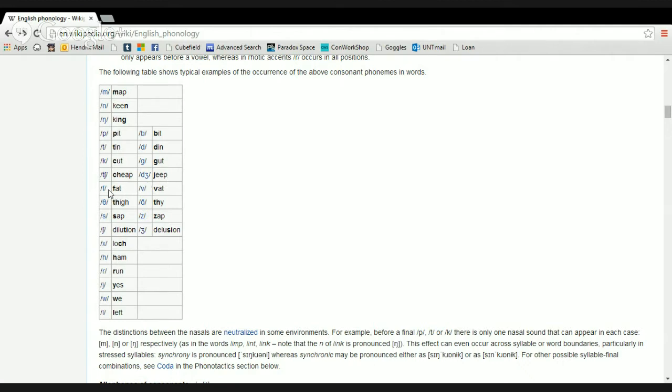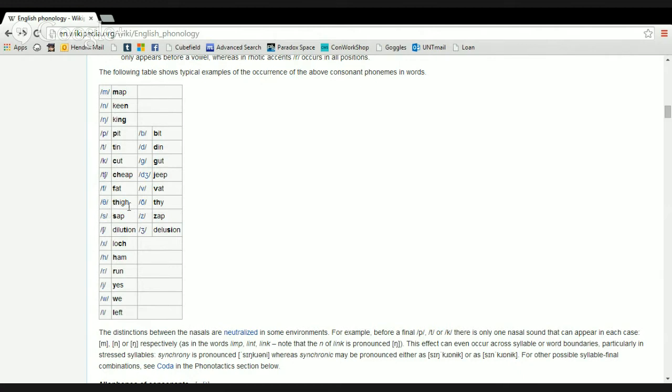So then we have some more familiar sounds. F for fat, V for vat. Then we have these two sounds. Both of these sounds are written TH in English. This one is like in thy, and this one is like in thigh. So you have those words the same except for this symbol.